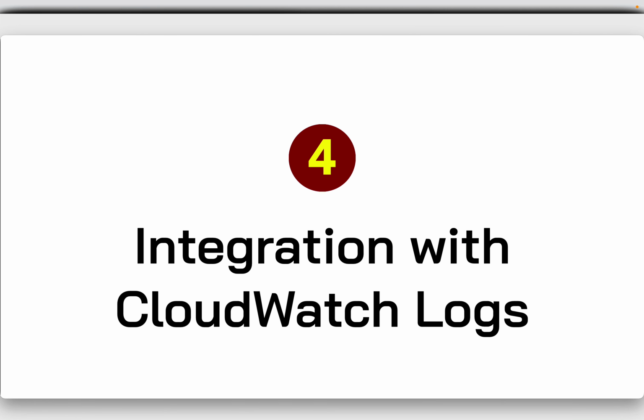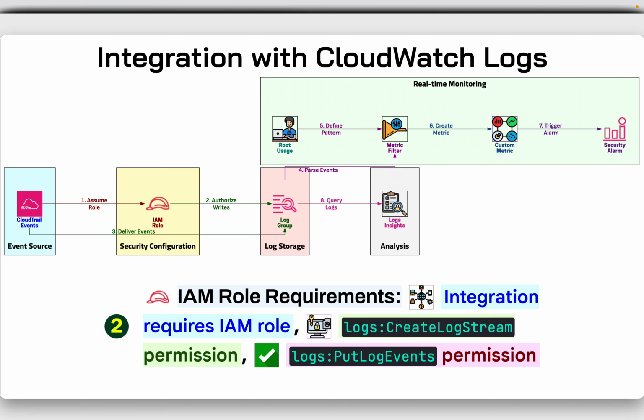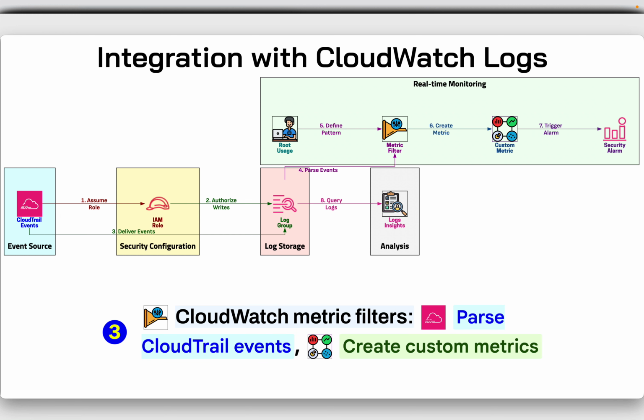Fourth topic is integration with CloudWatch Logs. CloudTrail can deliver events to a CloudWatch Logs log group for real-time monitoring. Integration with CloudWatch Logs requires an IAM role with logs:CreateLogStream and logs:PutLogEvents permissions.